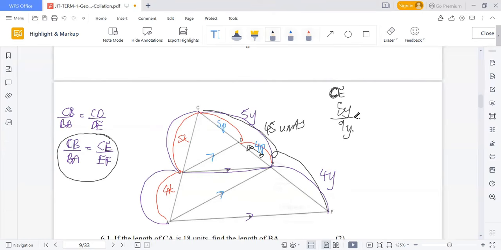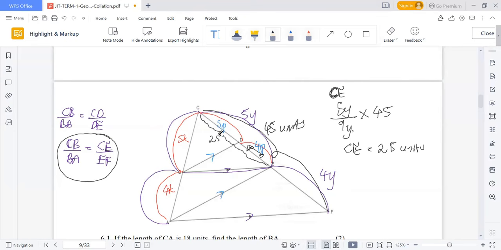So that's 5Y over 9Y multiplied by 45. And then if we punch this in our calculator, that's 5 over 9 multiplied by 45. The CE is equal to 25 units. So the 25 units is this, CE.